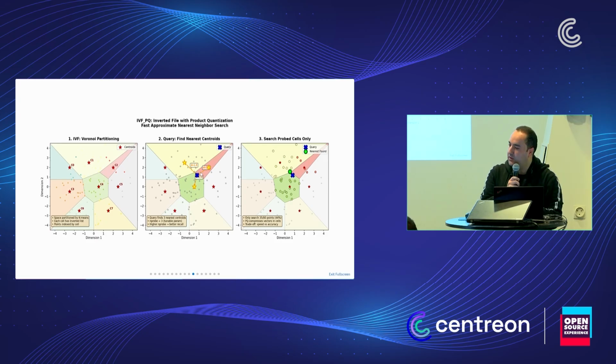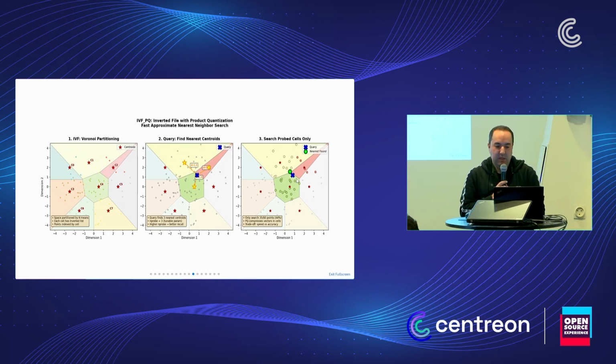So when we need to find new vectors, all we do is compare this new vector with the centroids, and then we look inside the polygons for the nearest value, and this way we have built a fast querying engine that's quite simple.